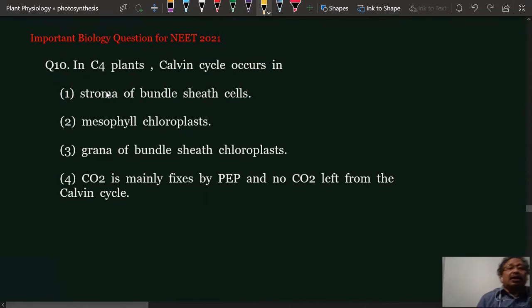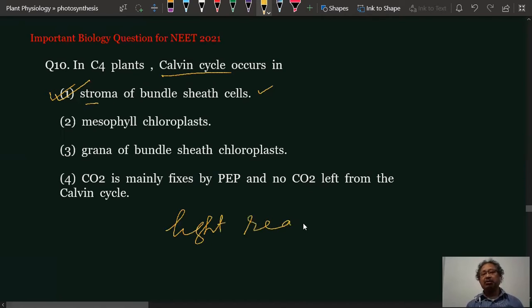Question 10. In C4 plants, the Calvin cycle occurs in the stroma of the bundle sheath cell, and light reaction occurs in the mesophyll cell.